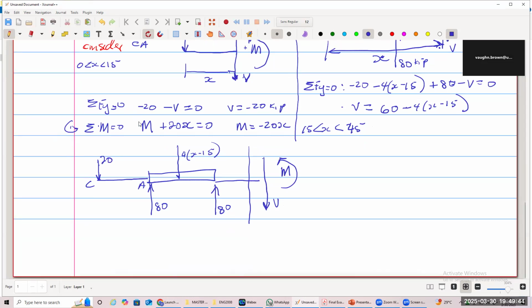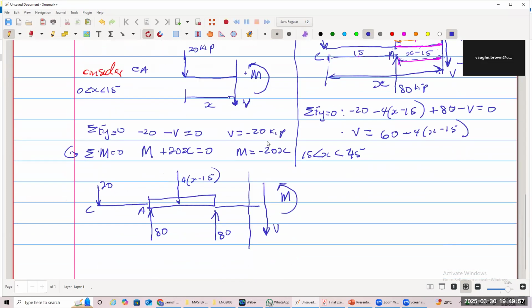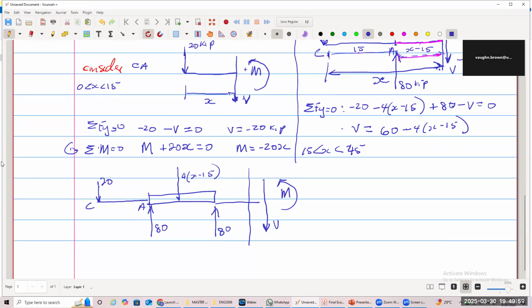Here you can simply write your expression, and this is our section. Let's put down the section that we are concentrating on. We are concentrating on BD.